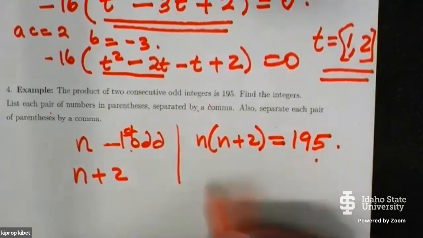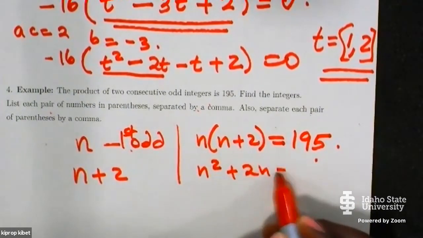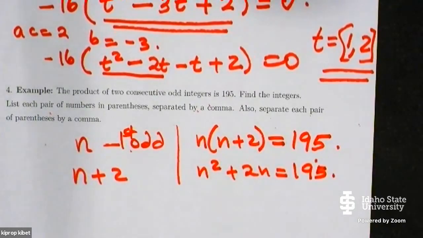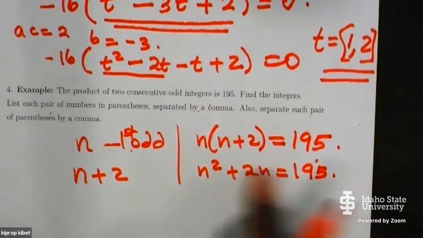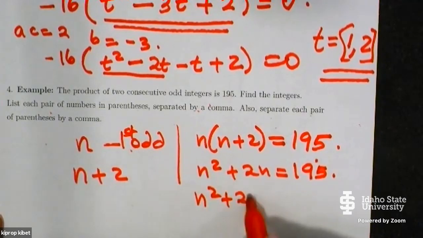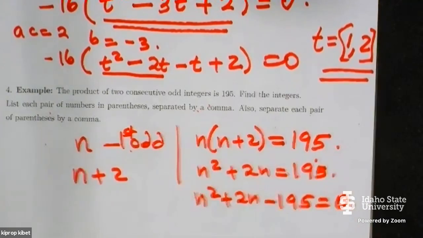So here, when you open the bracket, then it will be n squared plus 2n equals to what? 195. So you can bring 195 to this side. So n squared plus 2n minus 195 is equals to 0.